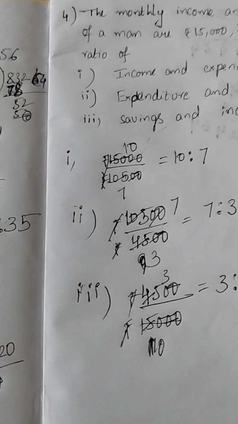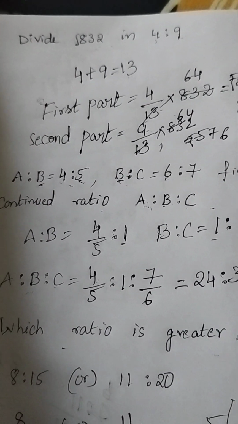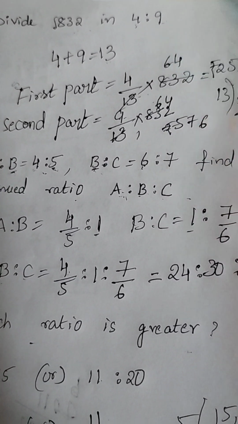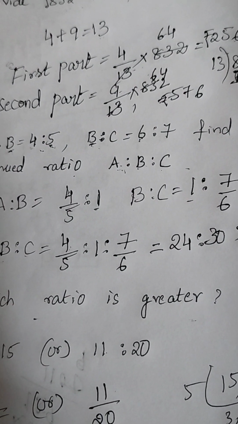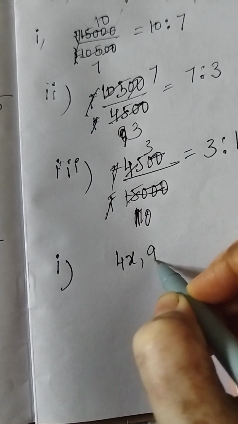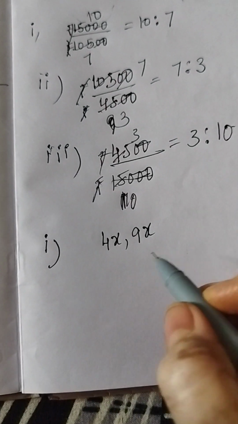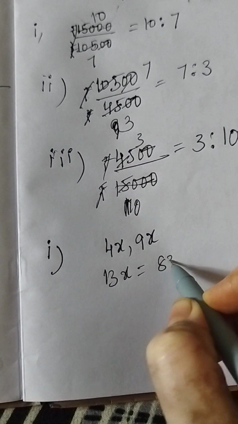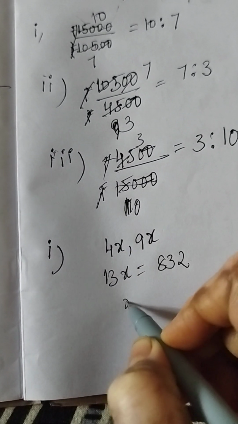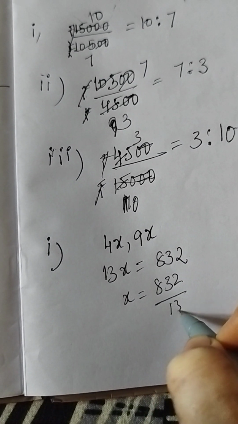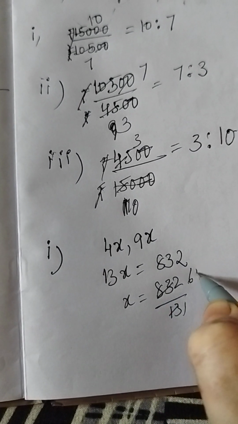So this sum can be done in another way also. You can take 4 is to 9, meaning they are in ratio x. 4x, 9x. So total 13x. So 13x equal to 832. So what is x you should find. x is 832 by 13. That is 64.